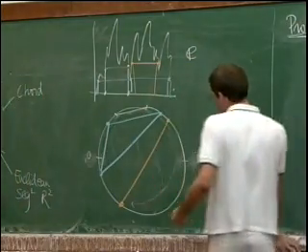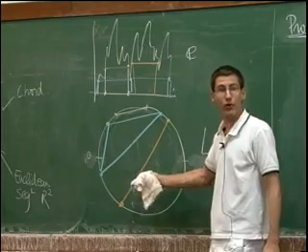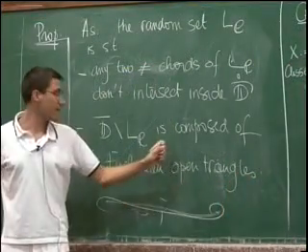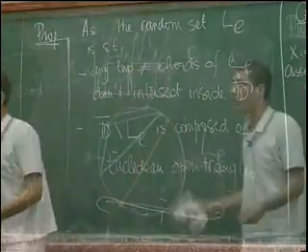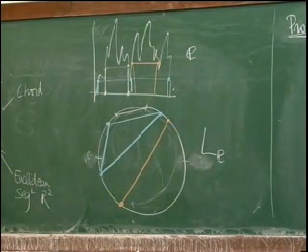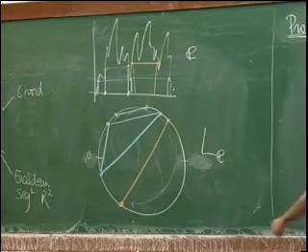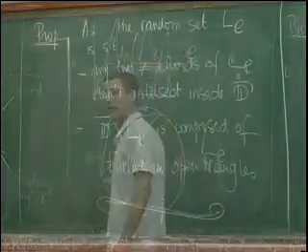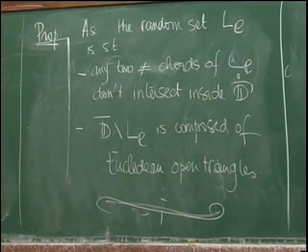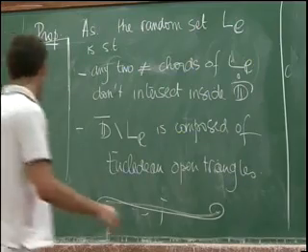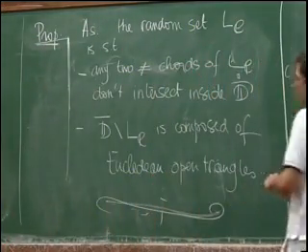And here I've not drawn all the chords, so you cannot check that the complement of LE is composed of open triangles. So maybe it's time to take your exercise sheet and have a look at the back of the exercise sheet. There are 3 pictures, and the second one is actually a picture of this thing. Second one? C'est bien la deuxième? Yeah, the second one. So you can check on the picture that it looks like what is described in the proposition.